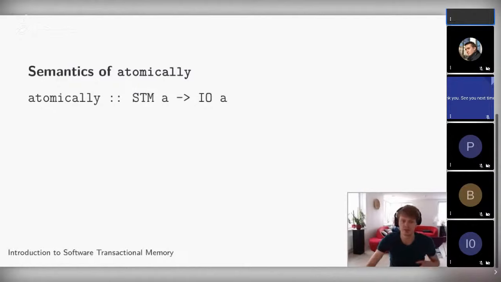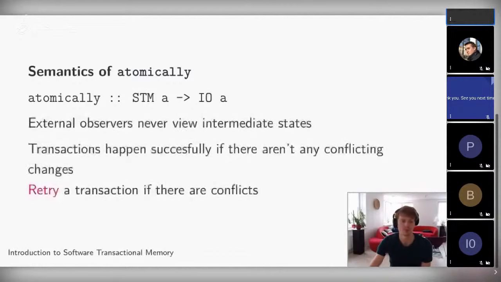So let's discuss some of the semantics of this magic function, which takes an STM a and gives an IO a. It mutates any STM variables, and it guarantees that external observers never view intermediate states.